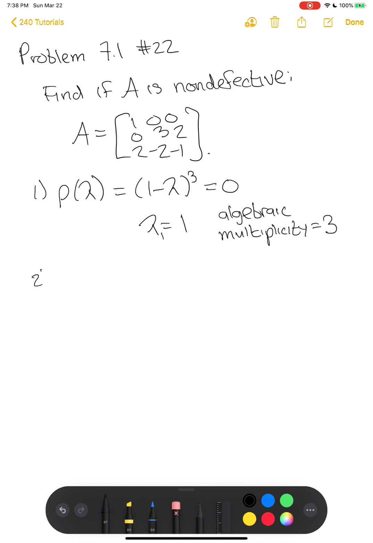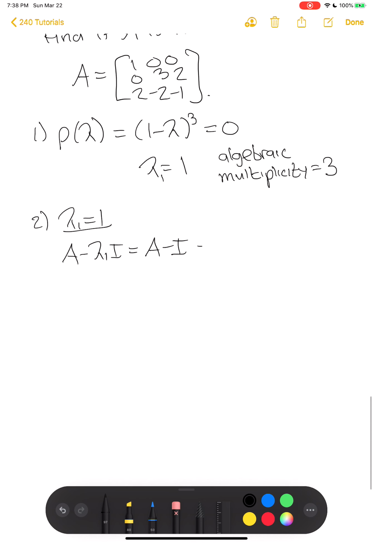So to find the eigenvectors, you take A minus lambda 1 I, which is equal to just A minus I, where I is the identity. And you get 0, 0, 0, 0, 2, 2, 2, negative 2, negative 2.